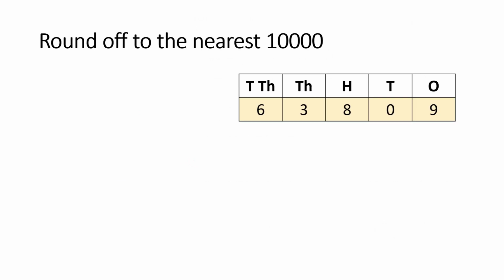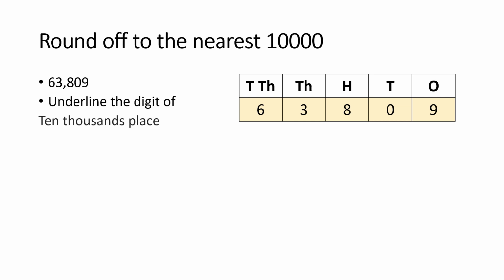The next question is to round off to the nearest 10,000. The number is 63,809. I have written this here in the place value chart. We have to round off to the nearest 10,000, so we will underline the digit at the 10,000's place, and there is 6. We will underline it. Then we circle the number to its right, which is 3.